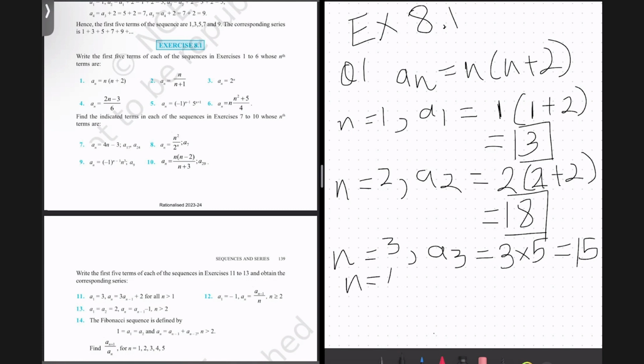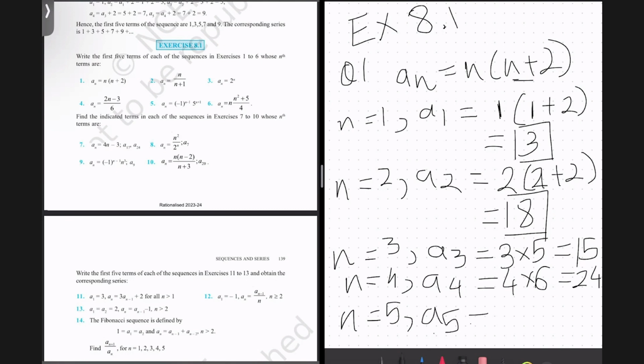Similarly, for n equal to 4, you would have a4 equal to 4 into 4 plus 2, that is nothing but 6, and 4 into 6 is 24. For n equal to 5, you would have a5 equal to 5 into 5 plus 2, which is 7, and that equals 35.